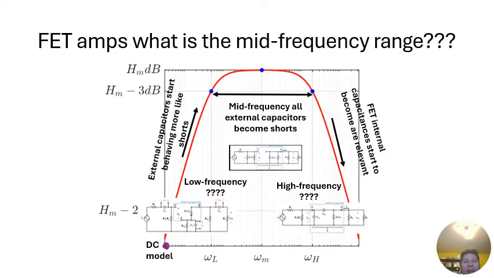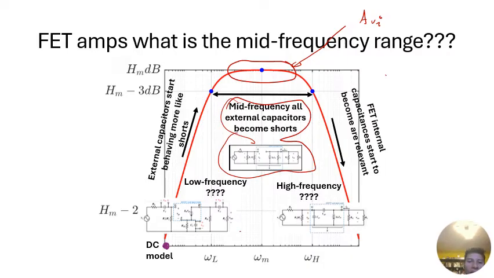Okay, so this is conceptually how we think about our amplifier circuits. This is the region where we get the gain that we want, or the AVI that we calculate using our mid-frequency or small signal model.